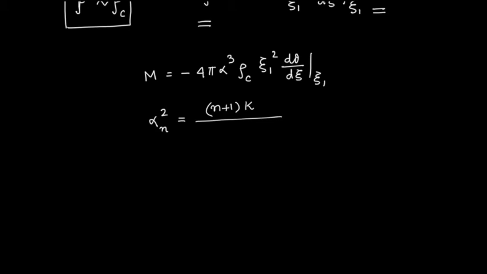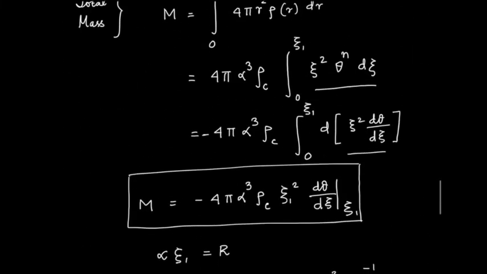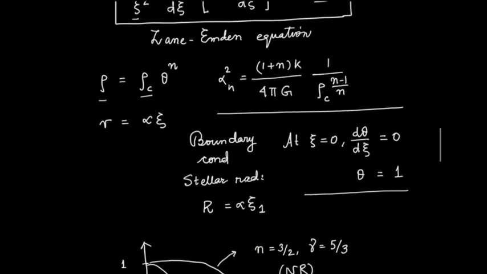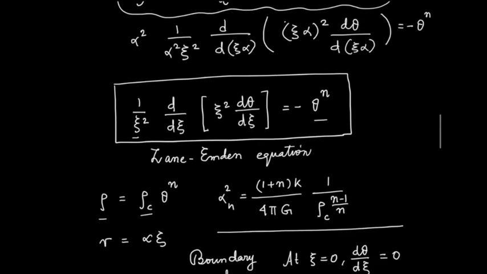This k should also be written with a suffix n, because that will change if I choose two different types of equation of state. Just remember that I am not writing it explicitly here. So these two I had. Let me remind you that we had these two earlier. I am not writing it from the sky. This is the expression for the mass, and this is the expression for alpha n.